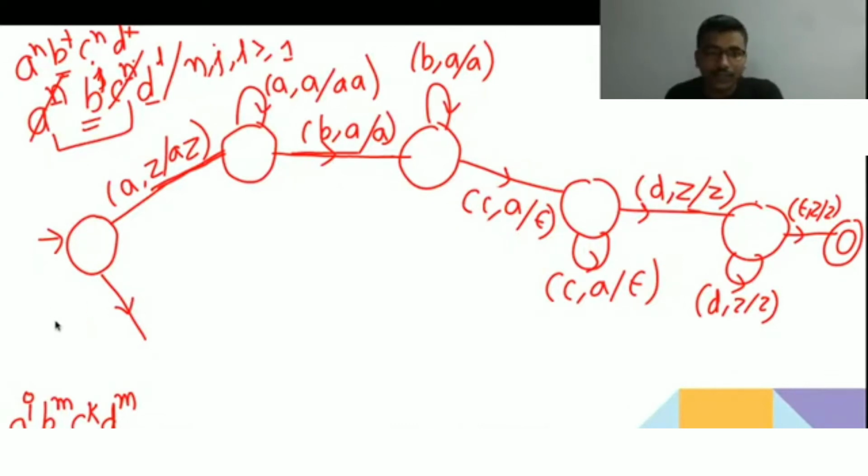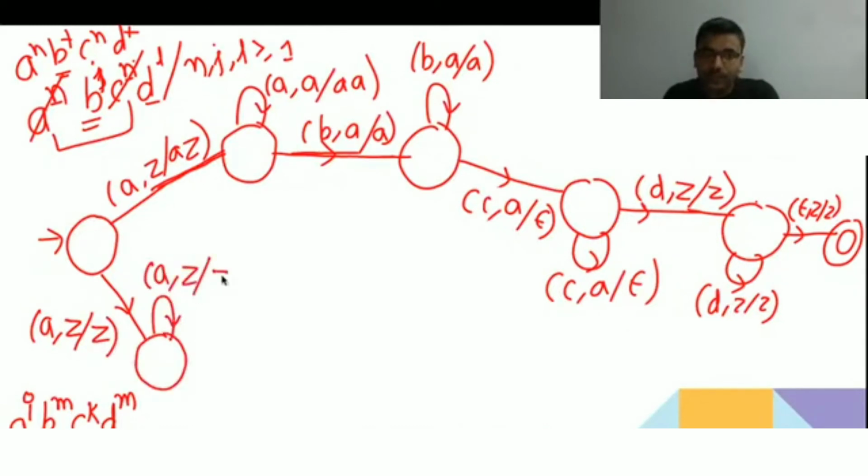Now here if you are getting A, what you have to do, the top of the stack will have Z. Since here number of B should be equal to number of D, when you are getting A, you don't need to push A. It is not required to push A, because here we require to compare number of B should be equal to D. So when you are getting A, replace Z with Z. Again, if you are getting A, the stack will have Z only because you have not inserted.